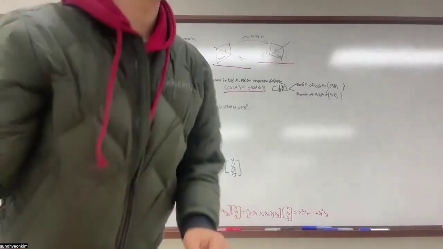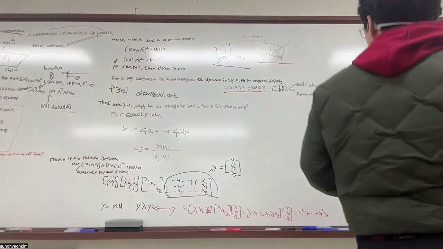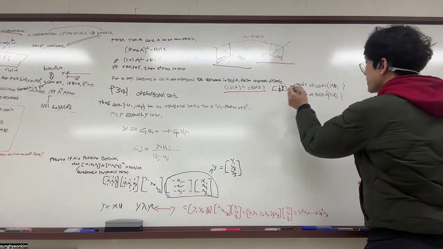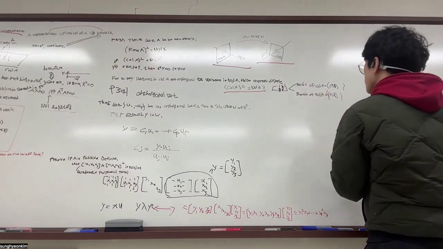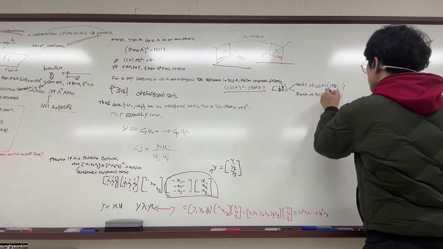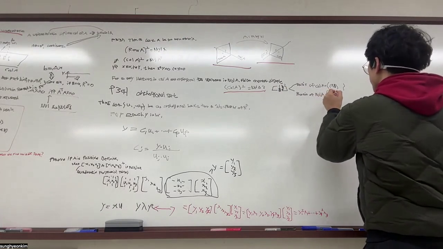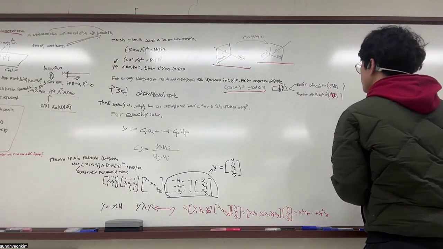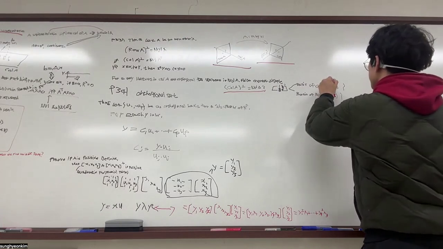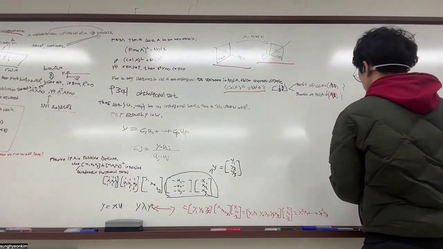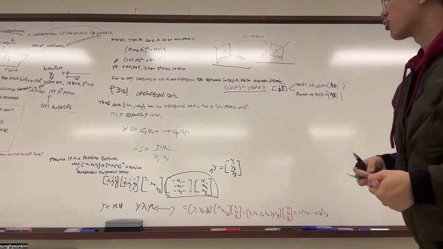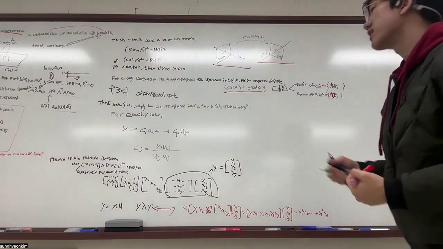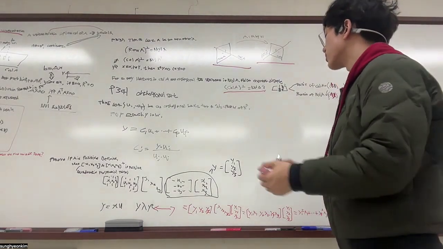And the basis of the null space can be (-1, 1). So in this case, the column space is (1, 0) and the null space is (-1, 1). There are counterexamples.